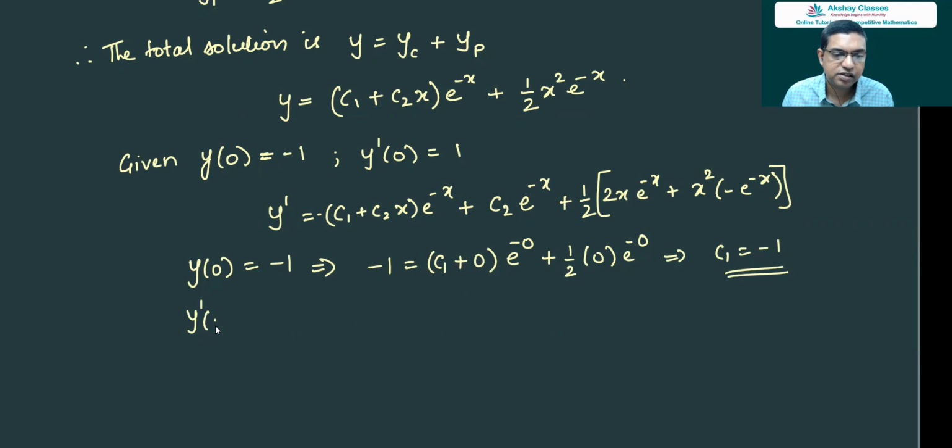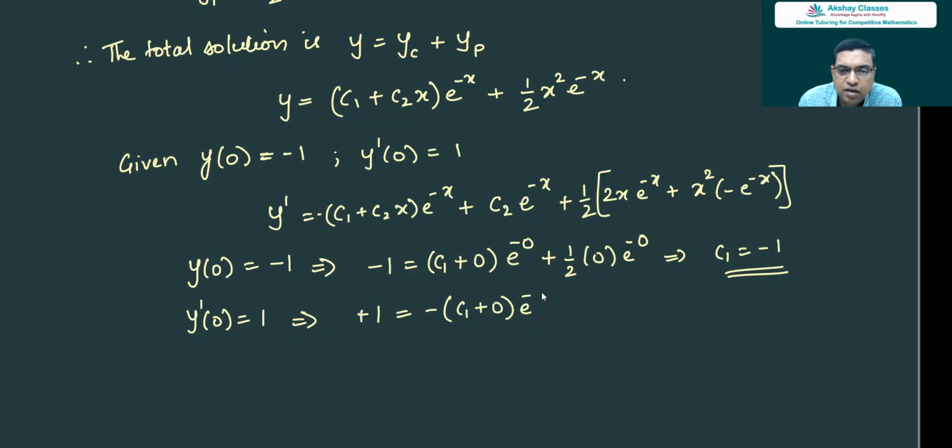Now y dash 0 is equal to 1. This implies, substitute 0 here, so we have plus 1 on the left hand side in this equation. Now substitute: this is minus c1 plus 0 e power 0 plus c2 e power 0, and these terms are 0, half times 0 plus 0, because x is 0.